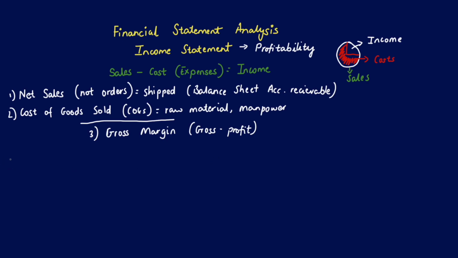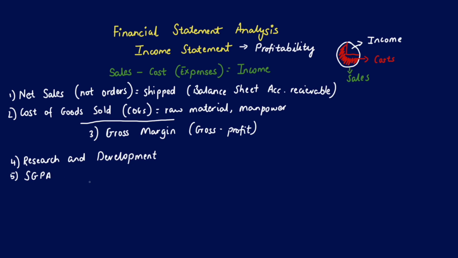The fourth thing that you will find on an income statement is usually research and development. You'll have a few fields like research and development, marketing, admin expenses, general expenses. But to keep this video short and crisp, we are just going to club it all under SG&A, which is selling, general, and administration.